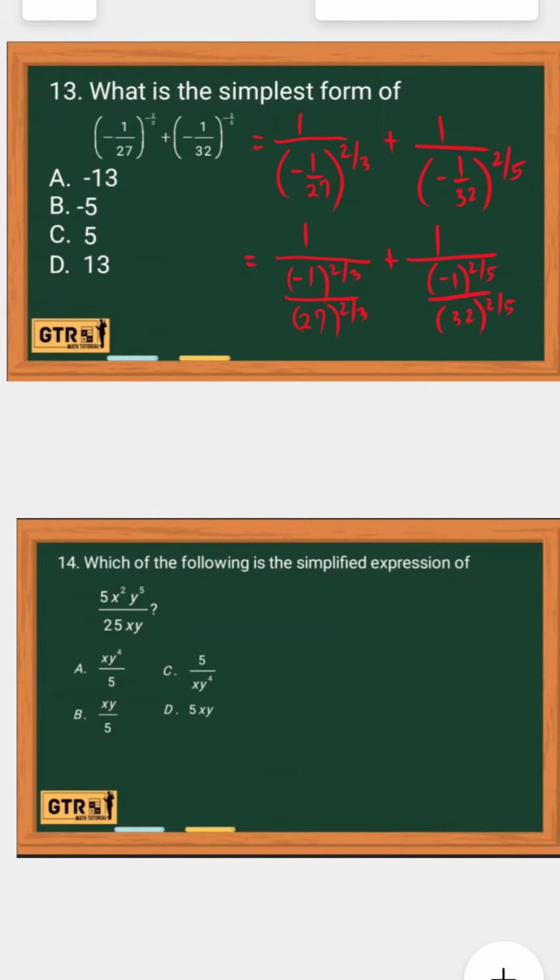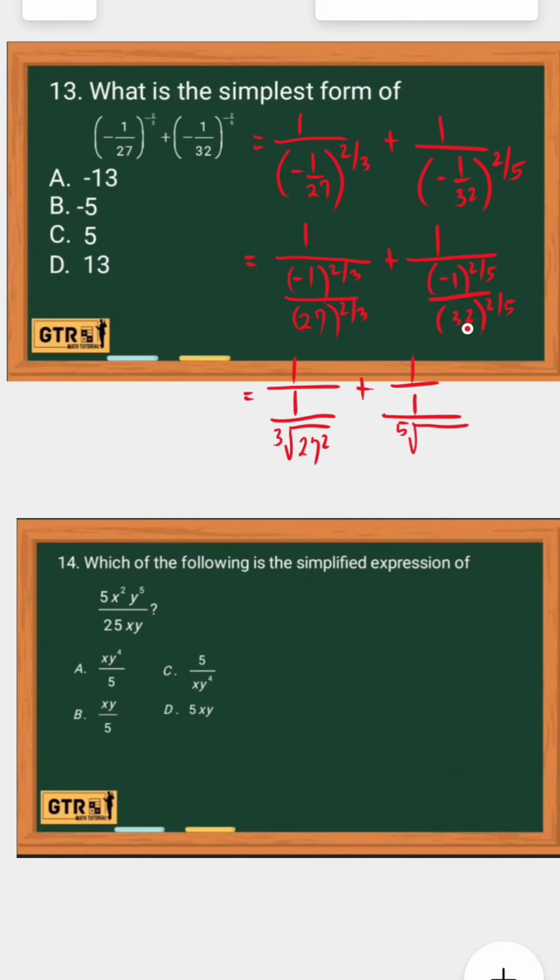Okay, so therefore we have 1 over, ito ay 1 na lang, over, so kunin natin ito, cube root, yung denominator na 3 natin, cube root of 27 squared. So 27 squared, so we have cube root of 27 squared, plus 1 over 1 all over, so denominator is 5, so we have fifth root of 32 squared.